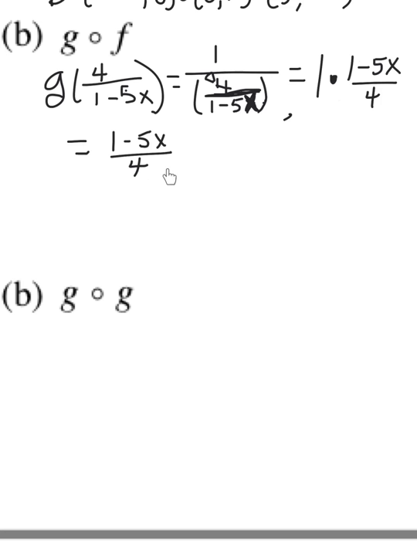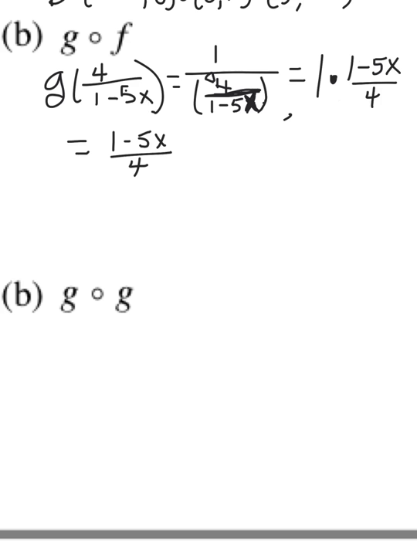So in this case, my g of f could be all real numbers because I don't have any restrictions on this fraction. X could be anything. So in this case, the restriction is only limited to what the restriction is for this part of my composition. So in this part of my composition, x cannot be 1/5.